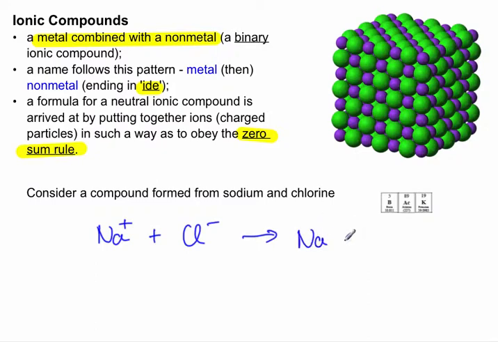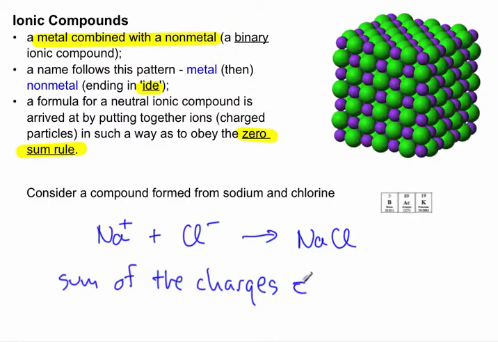And so we put them together, and there they are, and we have to determine whether that obeys the zero-sum rule, because the zero-sum rule is going to indicate how many of each we need. The zero-sum rule essentially says the sum of the charges is 0. So when we sum up these charges, we have a positive charge, we're going to add it to a negative charge.